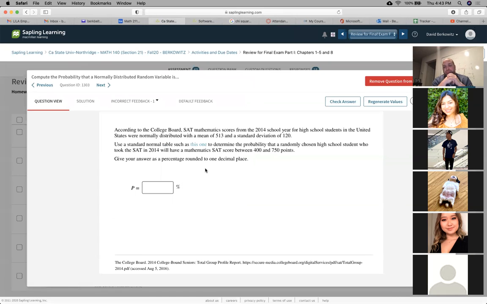We'll use my numbers because that's what we have in front of us. Standard deviation is 120. They literally say that. And what is the mu? I'm sorry, 513, right? Mu is 513.